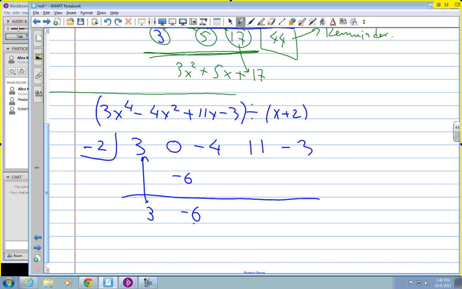Negative 6 times negative 2 is positive 12. And then we'll add to get positive 8. And then we'll multiply negative 2 by 8 to get negative 16, and we'll add to get negative 5. And we'll multiply again. Negative 2 times negative 5 is positive 10, and we'll add to get 7 as our remainder.